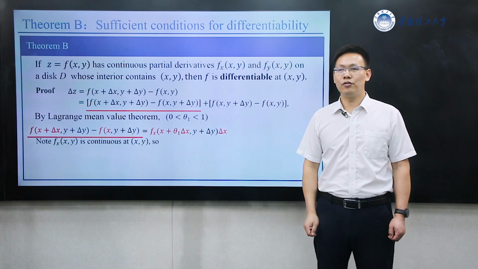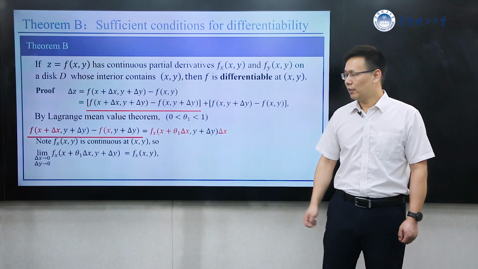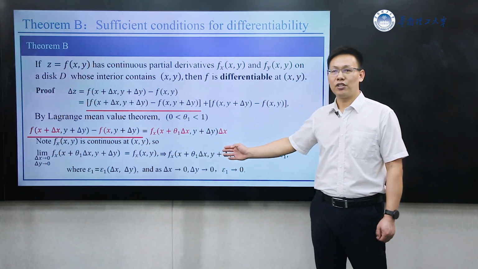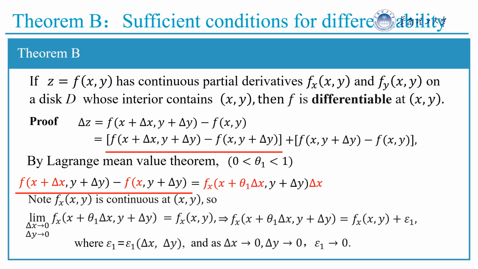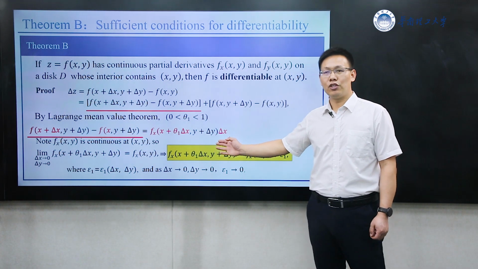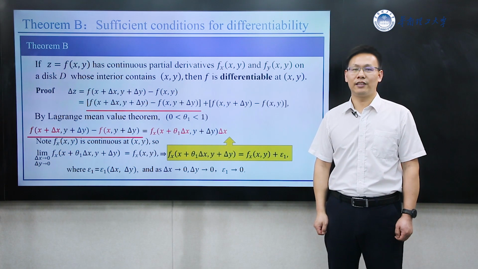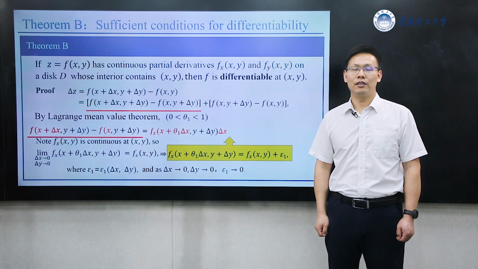According to the continuity of the partial derivative function fx(x,y), we have the limit expression. Due to the relationship between function limits and infinitesimals, we get this equation, where ε1 is a function of Δx, Δy, and as Δx, Δy approach 0, ε1 converges to 0.